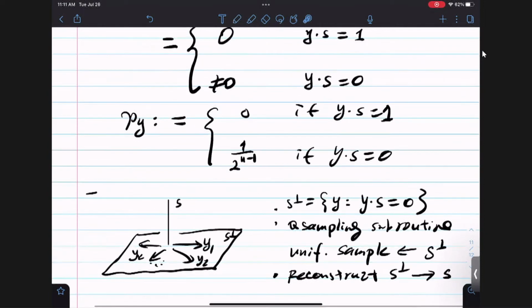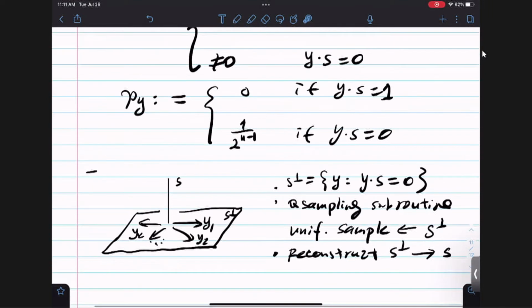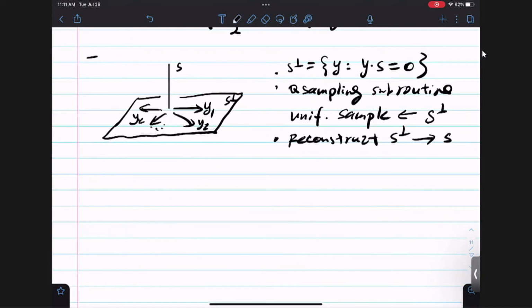Again, let me just emphasize, the key here is when we run this sampling subroutine, we're sampling from a really nice distribution. From there we can recover S. So this gives us a quantum algorithm that solves Simon's problem with linearly many samples. So let's just compare.